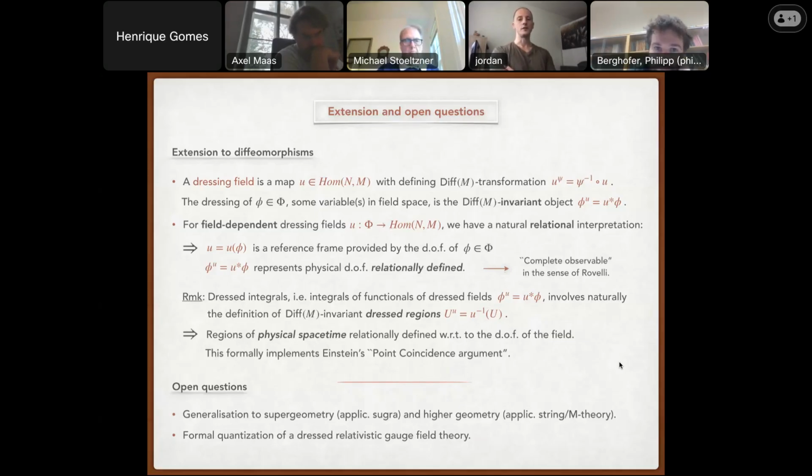Yeah. So in that context, this interpretation of the formalism was driven by being reminded a bit of the complete observables of Rovelli, and also by going back to the paper by Norton and Stachel in the 80s, because I think John Stachel is the one who named the point coincidence argument the way it is named now.